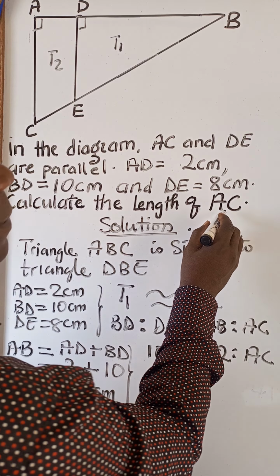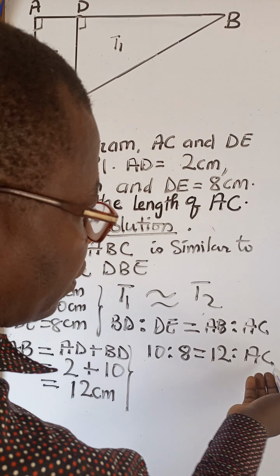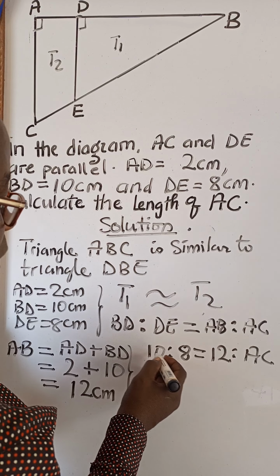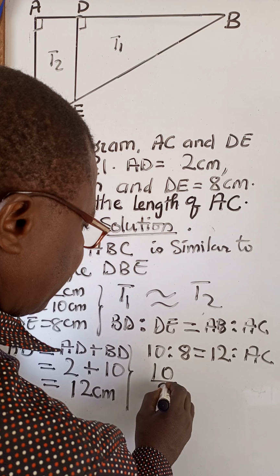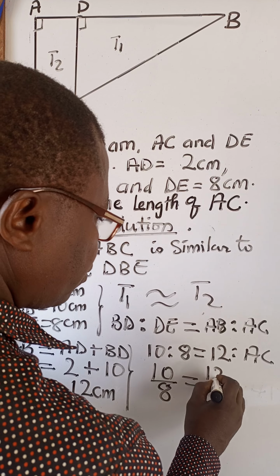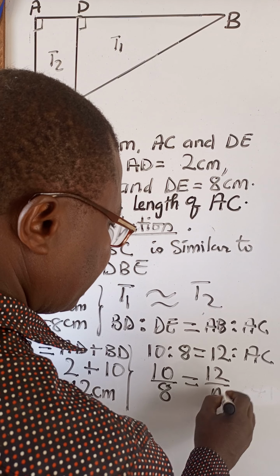We are looking for AC. So the only unknown is AC. We know the meaning of 10 is to 8. This simply means 10 all over 8 is equal to 12 all over AC.